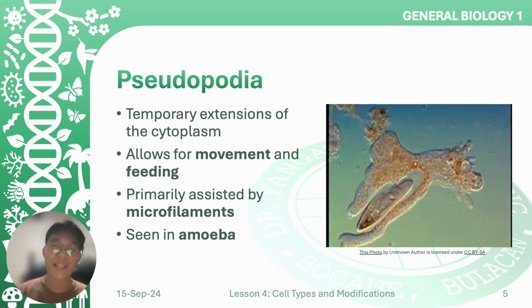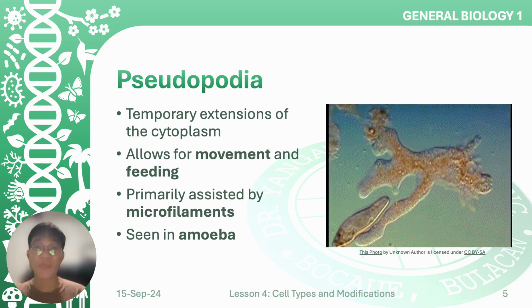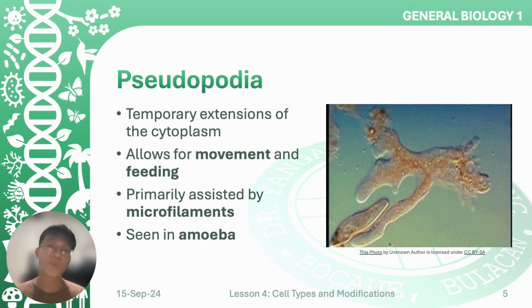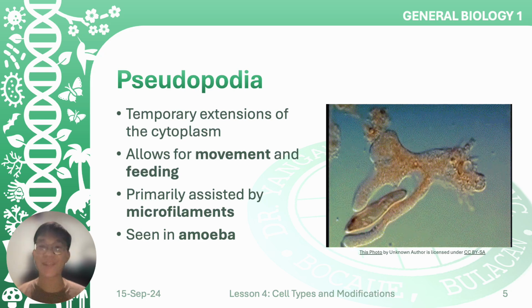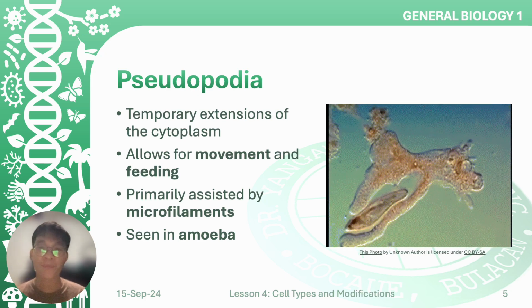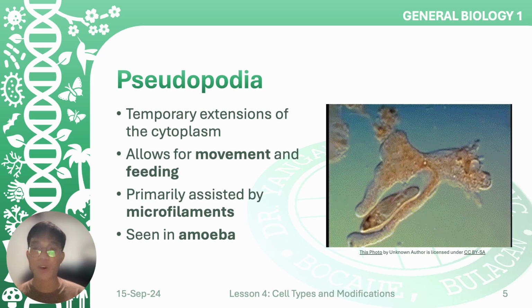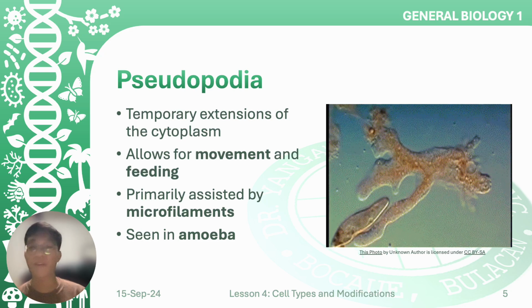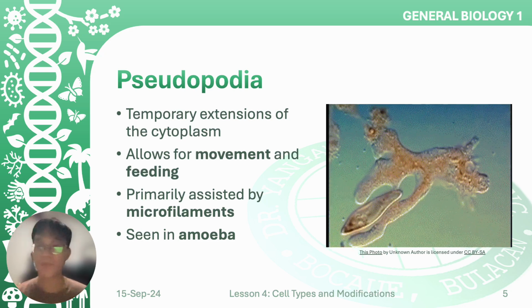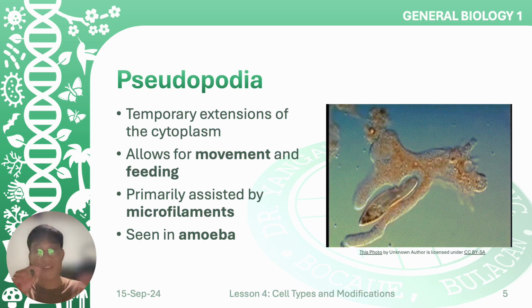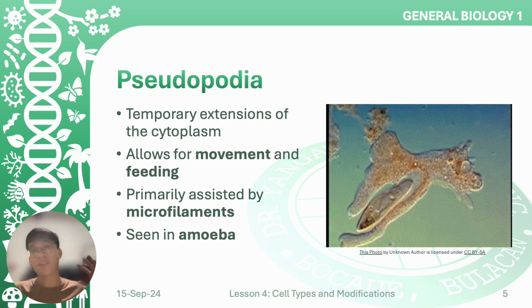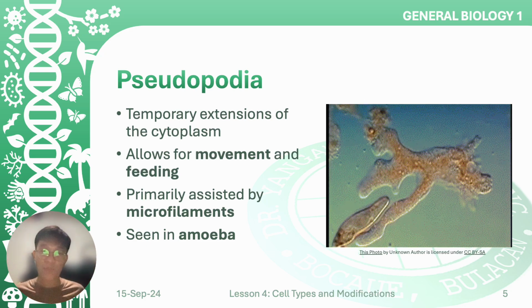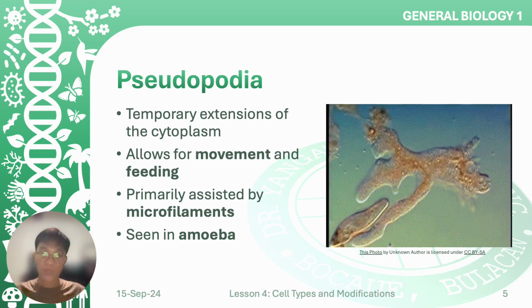Now, the pseudopodia are being used by the amoeba to move and to feed on organisms. So as we can see on this slide, we will see a GIF of this amoeba feeding on paramecium. The paramecium is surrounded with very, very small cilia. But take note, the amoeba is the larger organism that would make its pseudopodia.